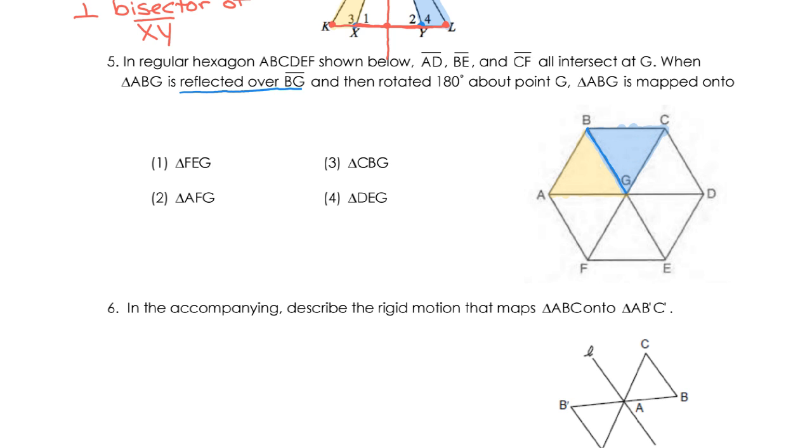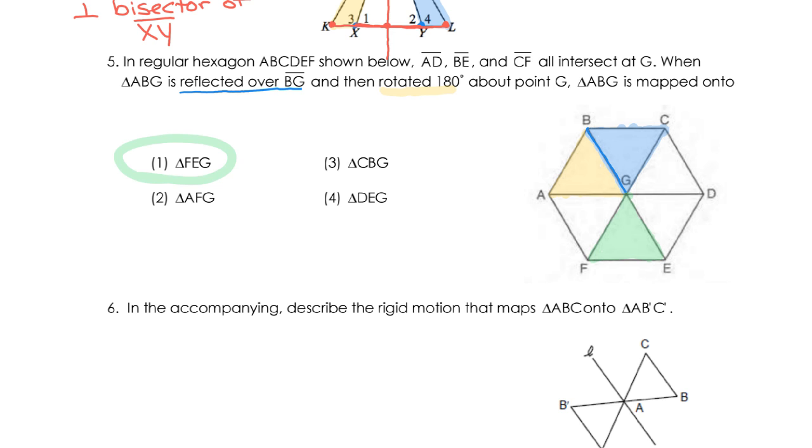But then they want us to then rotate it 180 degrees about point G. So if I take this triangle that I just got in blue and rotate it 180 degrees, basically I'm turning it upside down. And hopefully you guys agree that this would be the triangle you would get if the blue triangle rotated 180 degrees about point G. And that is triangle FEG, which is number 1.